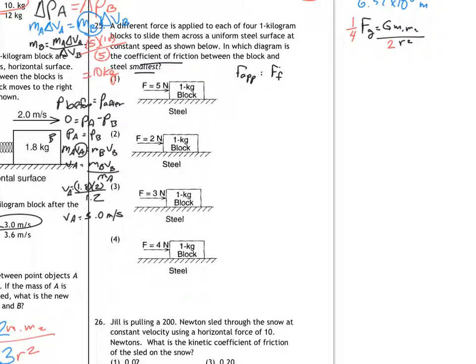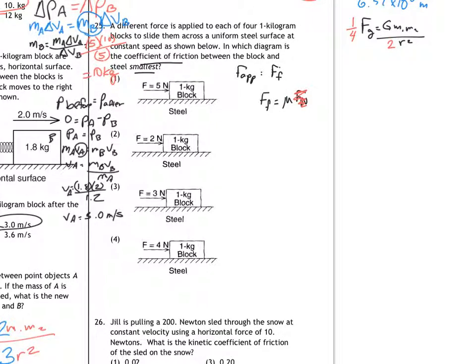Since each of these is a 1-kilogram block, they all experience the same normal force because they all have the same weight. So when I look at the equation for friction, Ff is mu Fn, they all have the same Fn, so in essence, I get to ignore it.